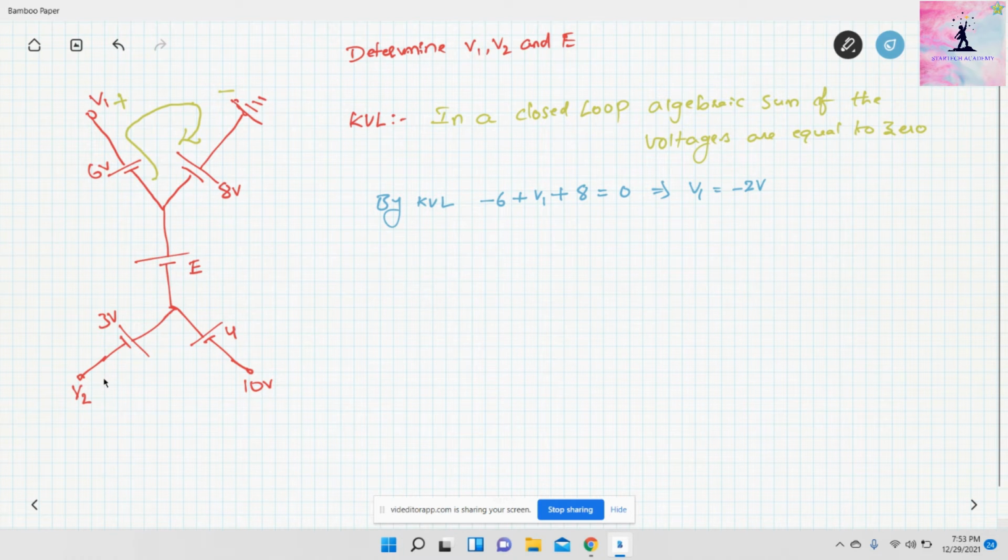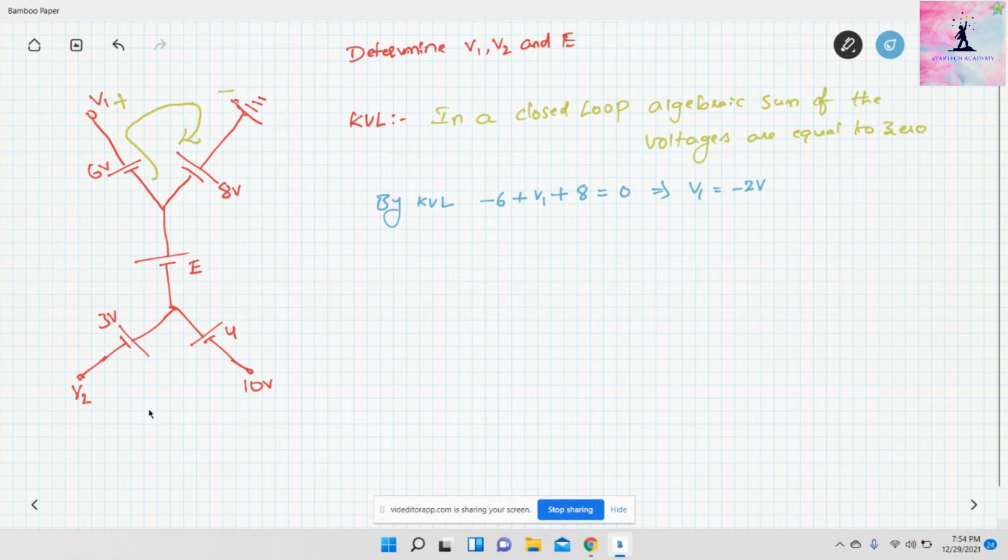Okay, now I am going to determine V2. So we have to form a loop first. Before applying KVL, we have to form a loop. So we know that any voltage is assigned with respect to ground only. Here there is no ground in the circuit.